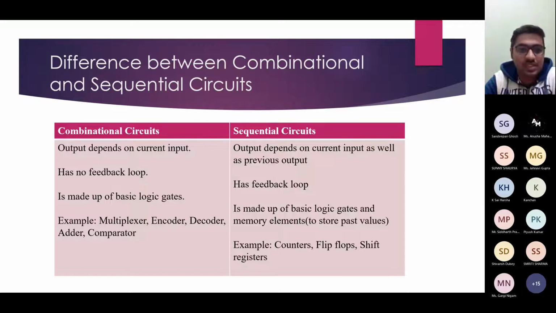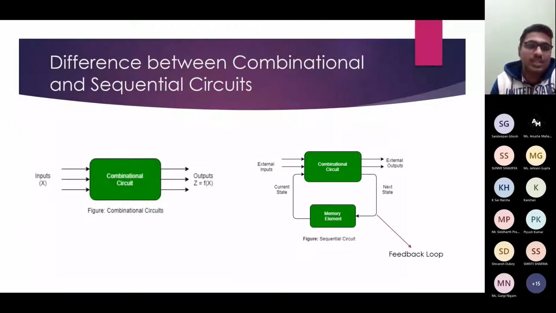Examples of combinational circuits are multiplexer, encoder, decoder, adder, comparator, and so on. And examples of sequential circuits are counter, flip-flop, shift registers, etc. This is the block diagram of a combinational circuit and that of a sequential circuit. Here again you can see there is a path connecting from the output side to the input side of the combinational circuit.